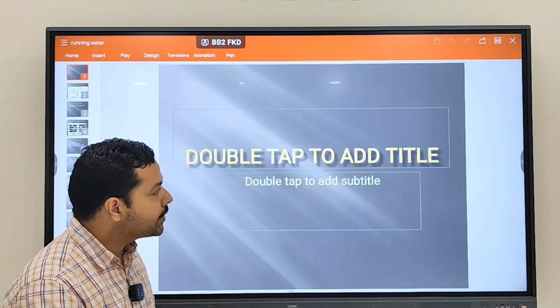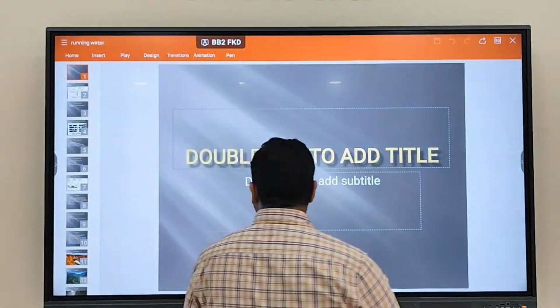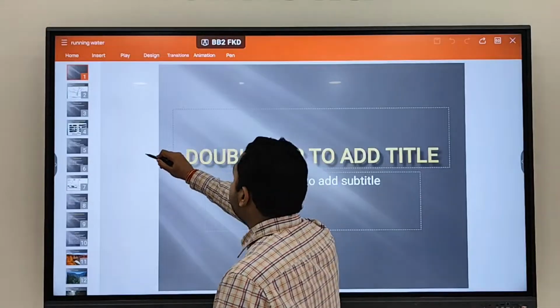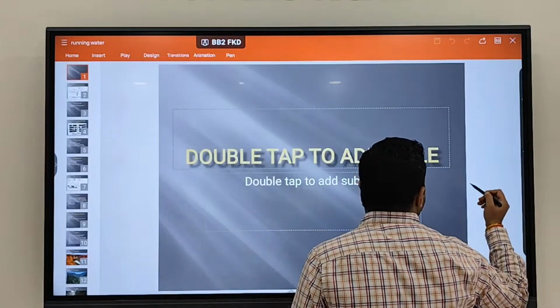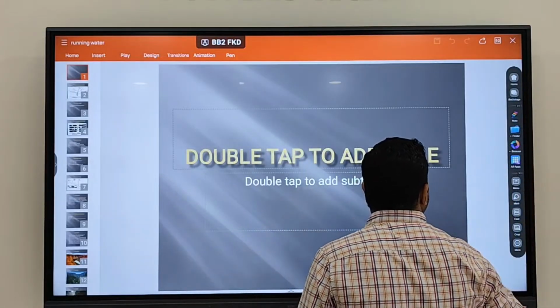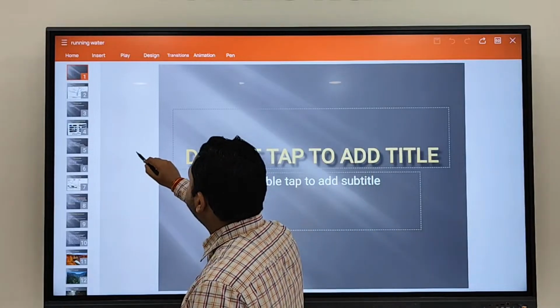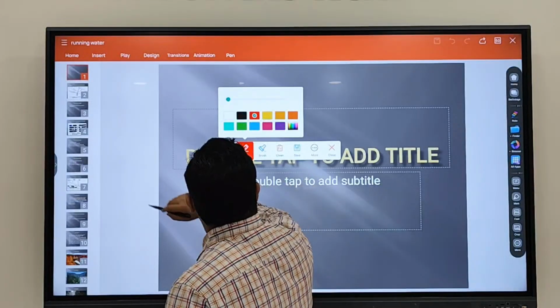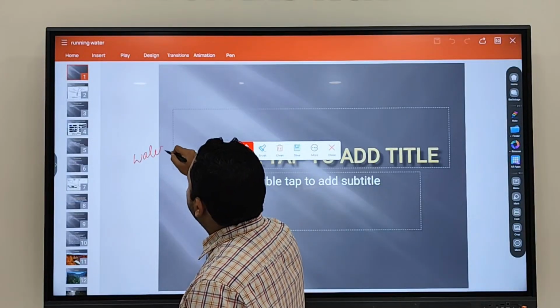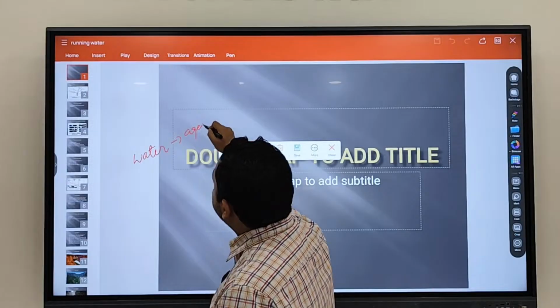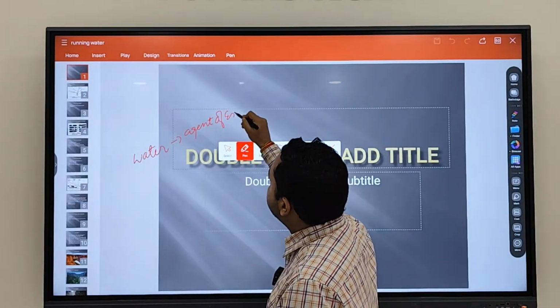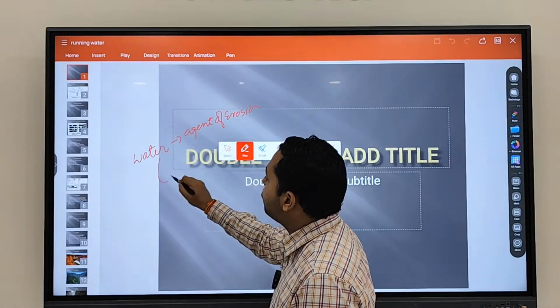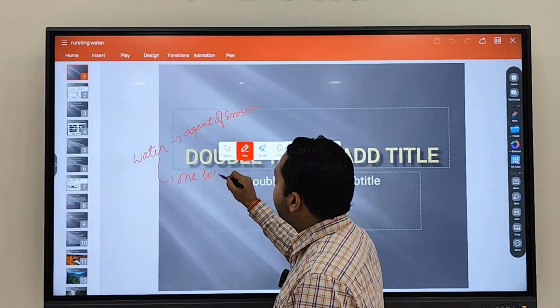Fine. Now we'll start. Last class we ended with the concept of running water. Water is the agent of erosion, and when water moves from one location to another, what happens?